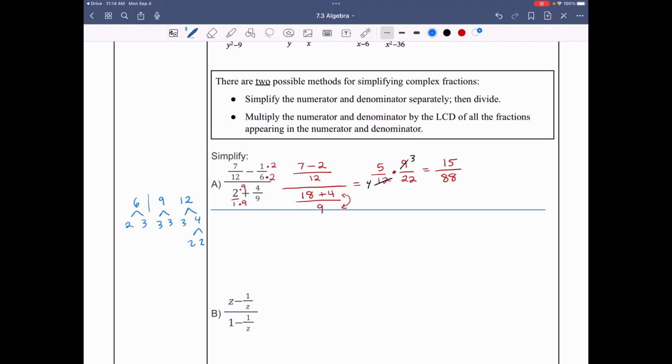And then we look at the least common multiple, and we have to take the one with the highest exponent. So we have 3 squared, and we have 2 squared. 2 squared is 4, 3 squared is 9, 9 times 4 is 36, so the LCD is 36.